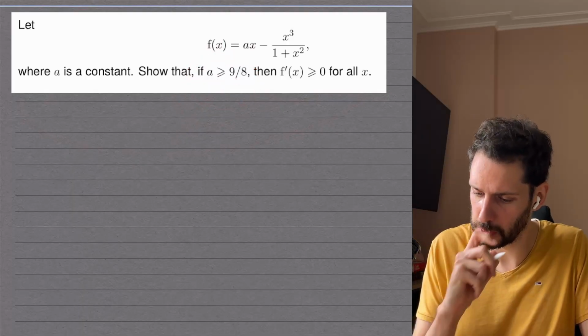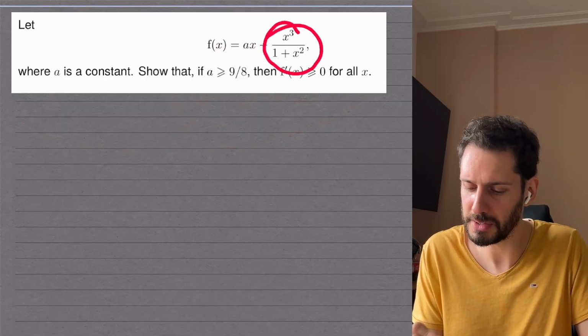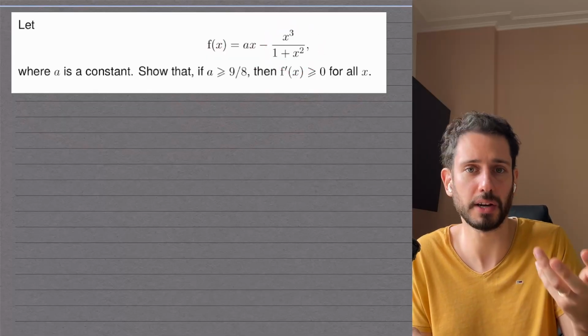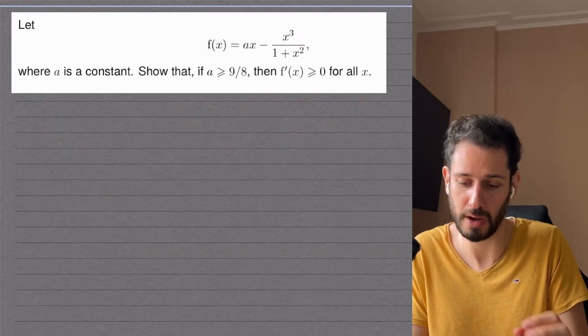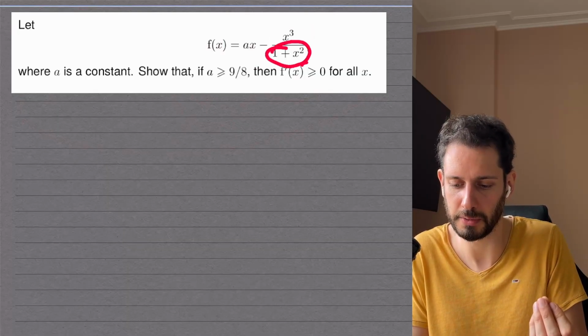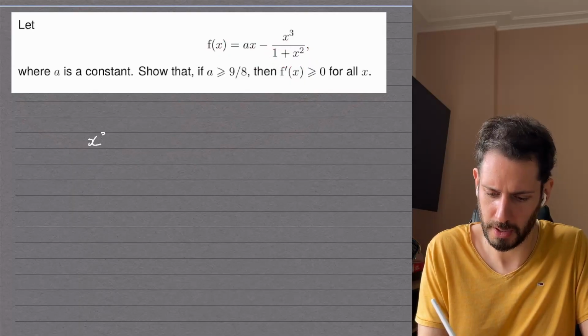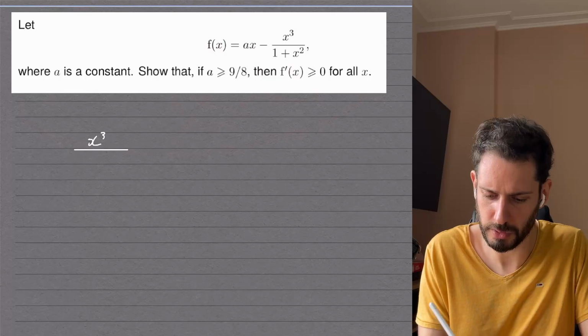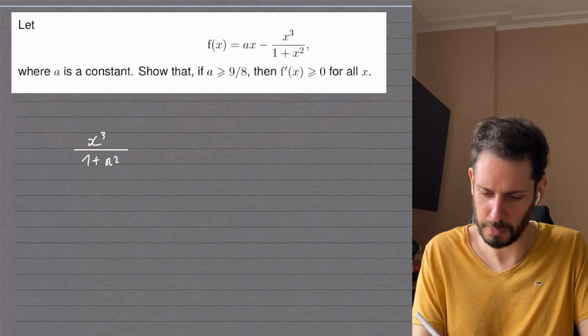So the first thing we should do, a little trick you could do, is simplify this rational fraction. I see that x to the power of 3 is a higher polynomial power than what's below the fraction bar. So the first thing I do is some algebraic manipulations to simplify this a bit. So I have x cubed over 1 plus x squared.